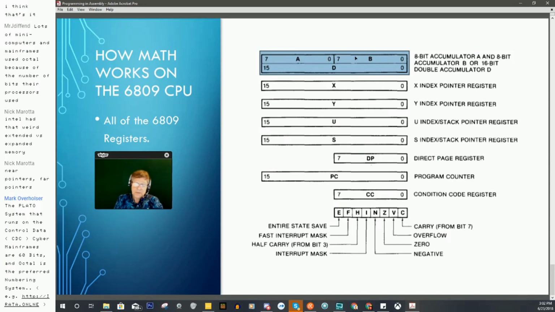So, you have your choice. You can work with 8-bit numbers, and you can work with 16-bit numbers very easily. Why would you want to work only with 8-bit numbers? Well, if you only need an 8-bit answer, it's much faster because you don't need to do as much processing and loading of data.